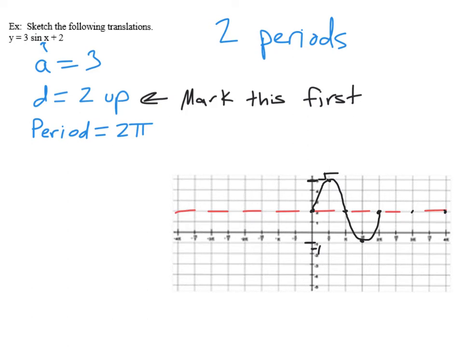There we go. And up to 5, down to -1, and back to 2, okay? Nothing new with the amplitude, but there's the first one you've seen that's got the vertical shift.